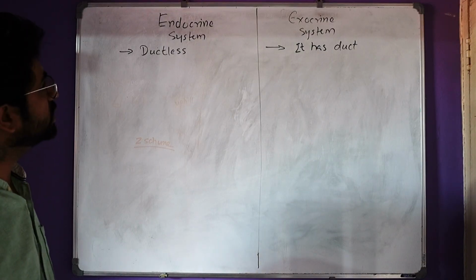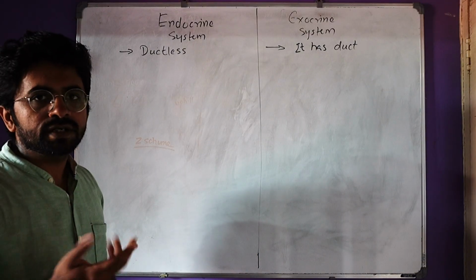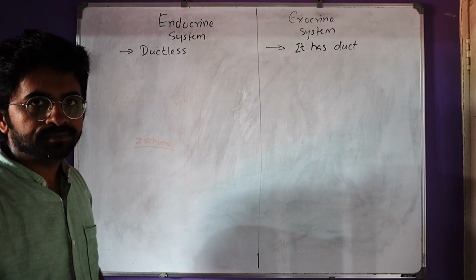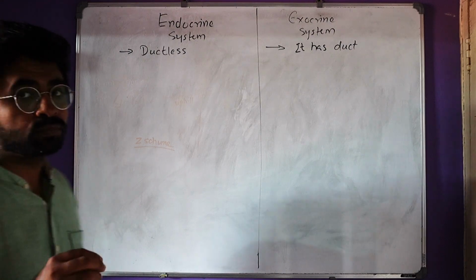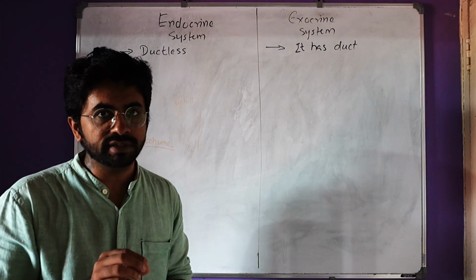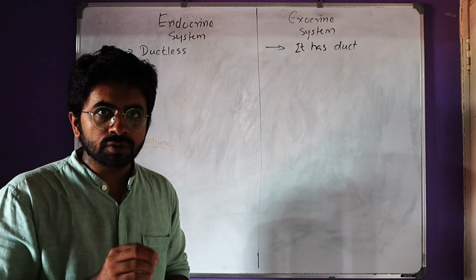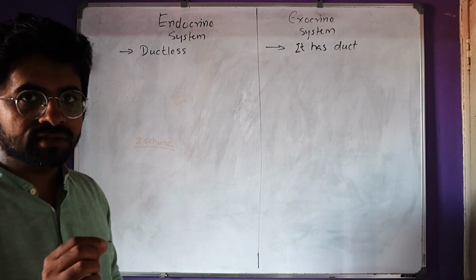Now if it does not have duct, where does it secrete the hormone? It will pour the hormone in the blood circulatory system. Before going into that, let's understand what is hormone.